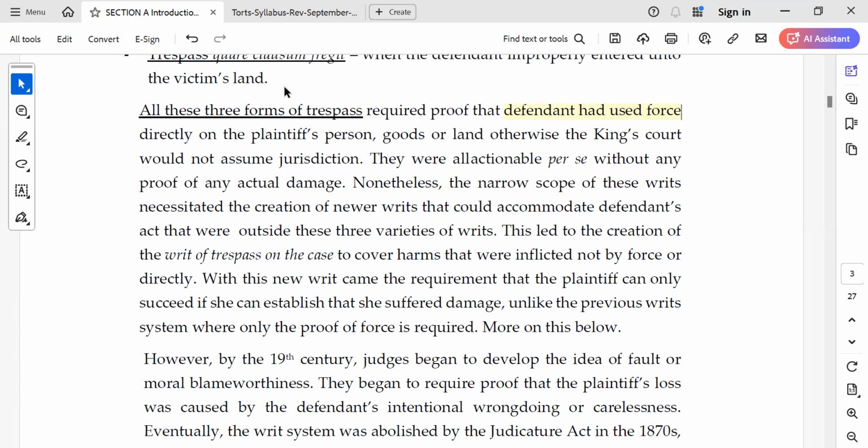They were all actionable per se without any proof of actual damage. They were actionable per se. Okay. What is the meaning of actionable per se?